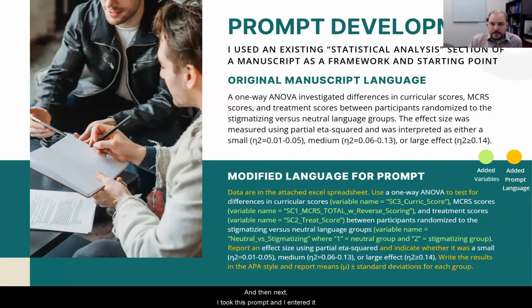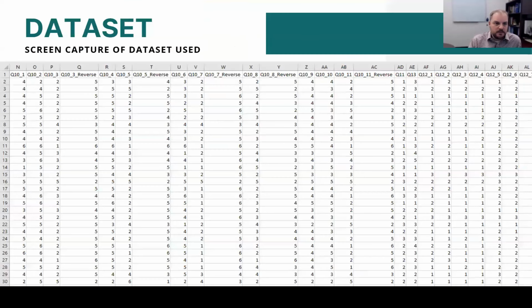And then next, I took this prompt and I entered it along with the Excel datasheet into each of the 6 AI systems that were piloted. And by the way, here's what the data set looked like. This is just a screen capture of one small portion of the much larger data set.